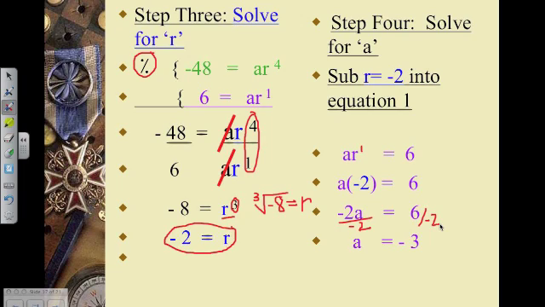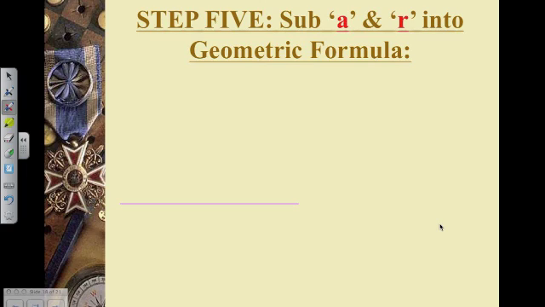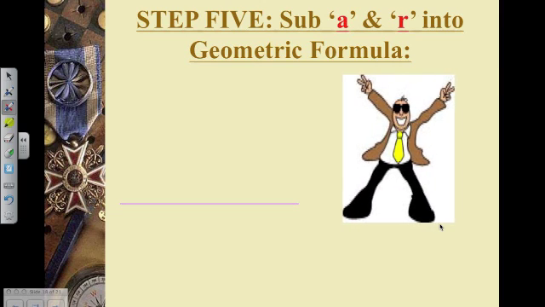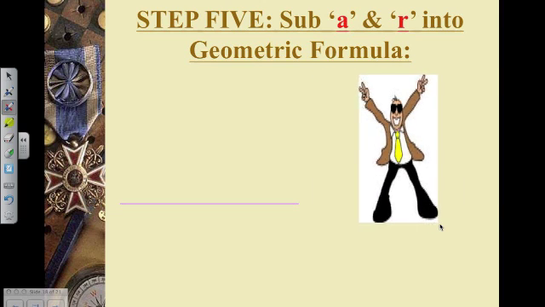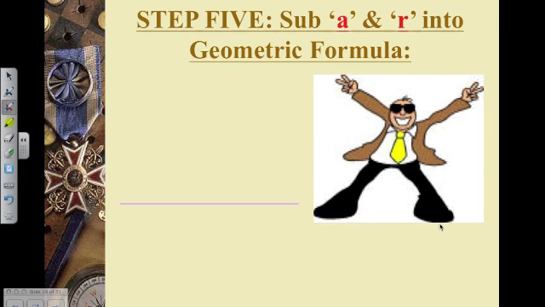Now remember, the original question did not ask simply to solve for a and r. It asked to determine the general term formula. So we have to substitute a and r into our general term geometric formula. We know a is equal to -3. We know r is equal to -2.